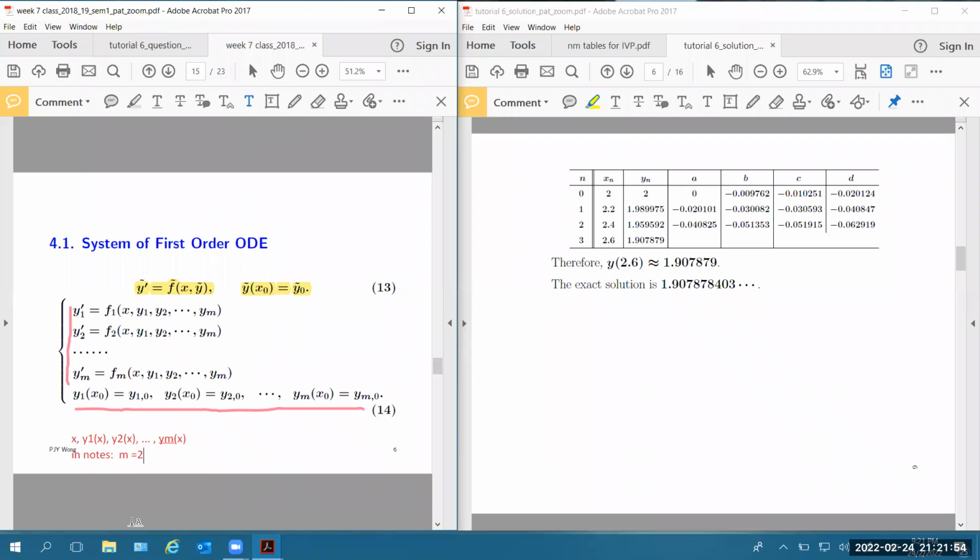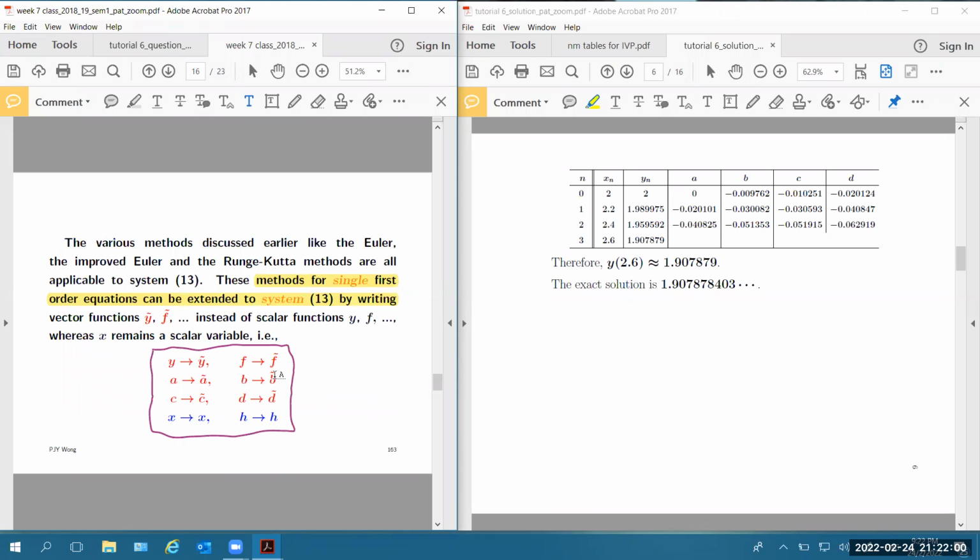So now we are going to talk about how to solve this kind of system. The good thing here is that we need no new formula. The methods for single first order equations, our 3 methods just now, can be extended to the system of equations by doing what I boxed in here.